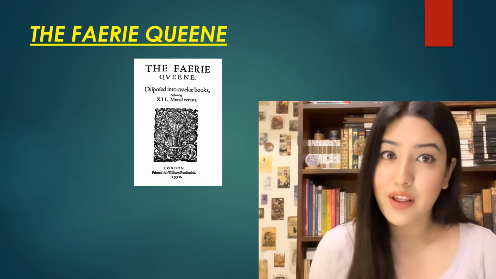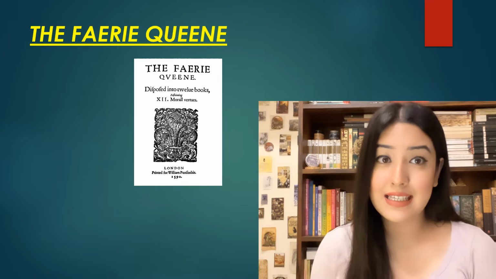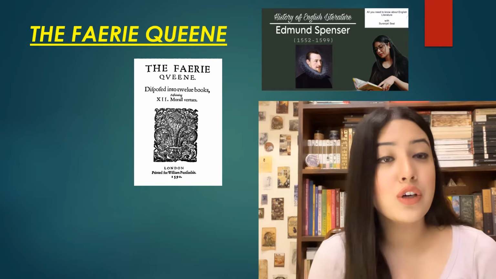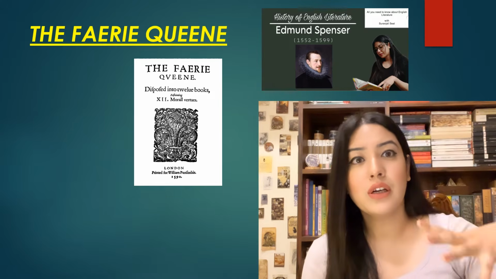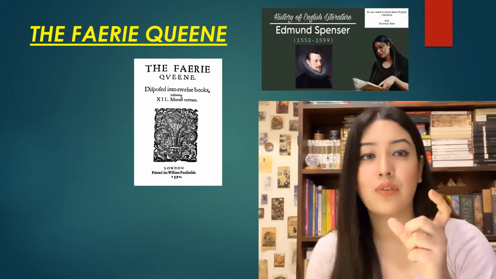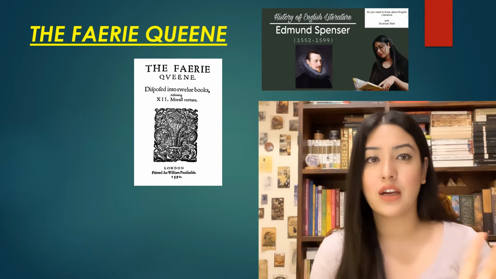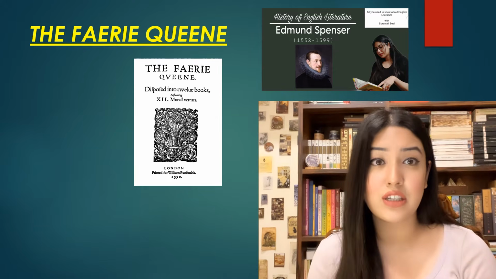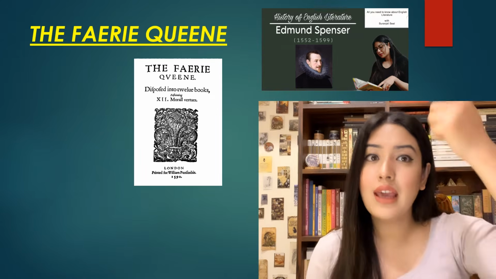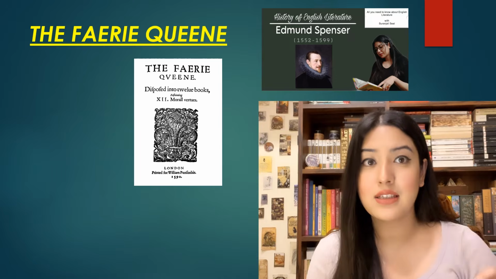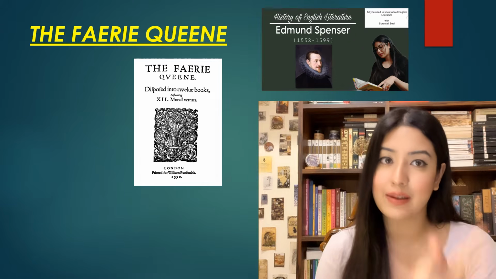So there is another video that I had made and it deals with the life and works of Edmund Spenser. I had uploaded it earlier. We are covering this series, right? We're covering the ages of the history of English literature, and I have started with the age of Elizabeth. So in the age of Elizabeth, I had covered the writers in my previous videos, and one of them was Edmund Spenser.